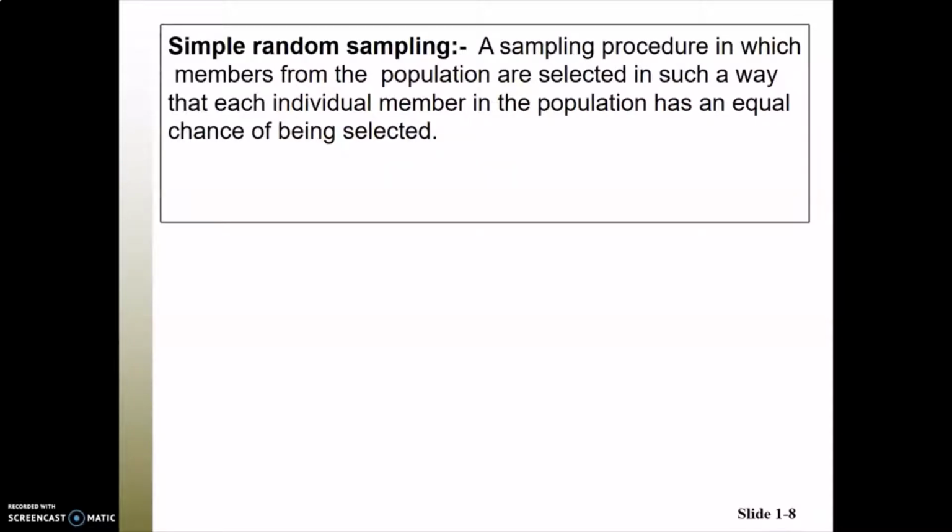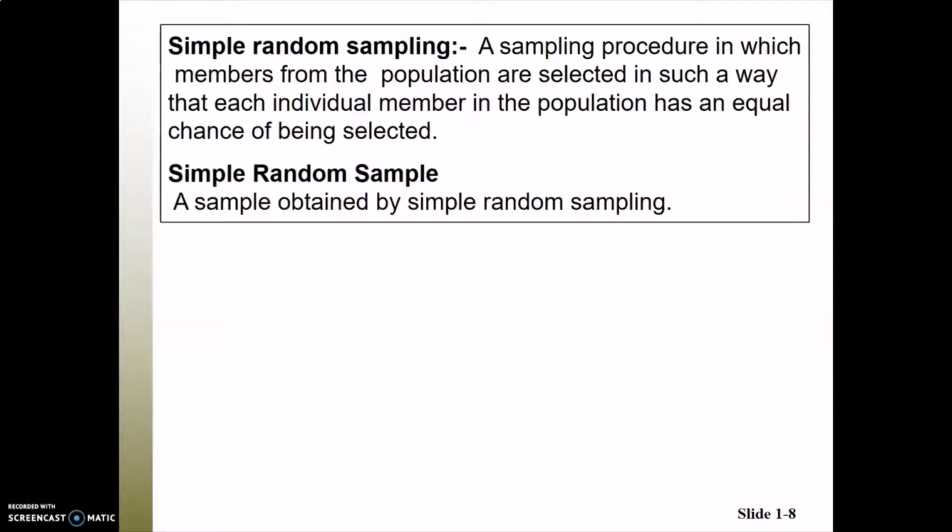Such a sampling technique in which every member of the population has an equal chance of being selected is called simple random sampling. And the sample selected through this procedure is called a simple random sample. So remember the difference between the two. Students get confused with these two things.